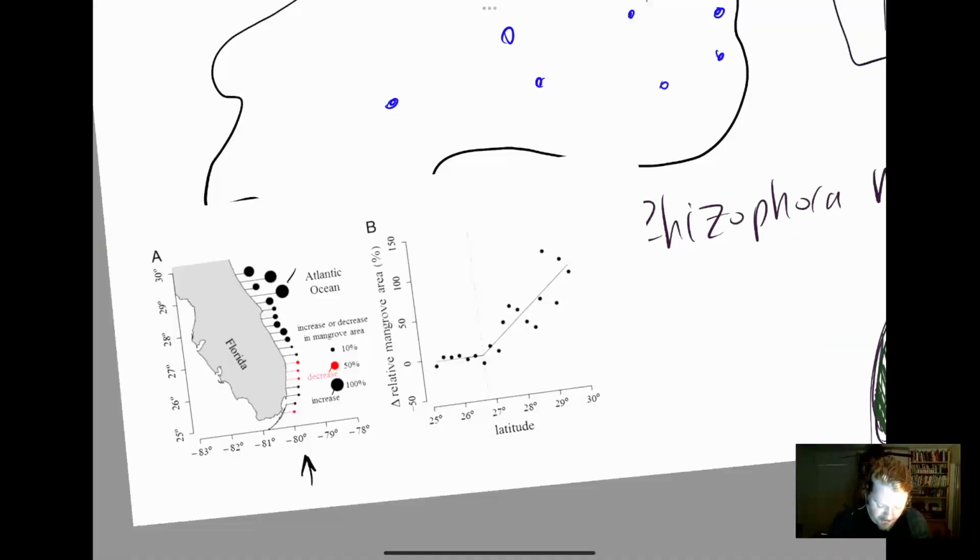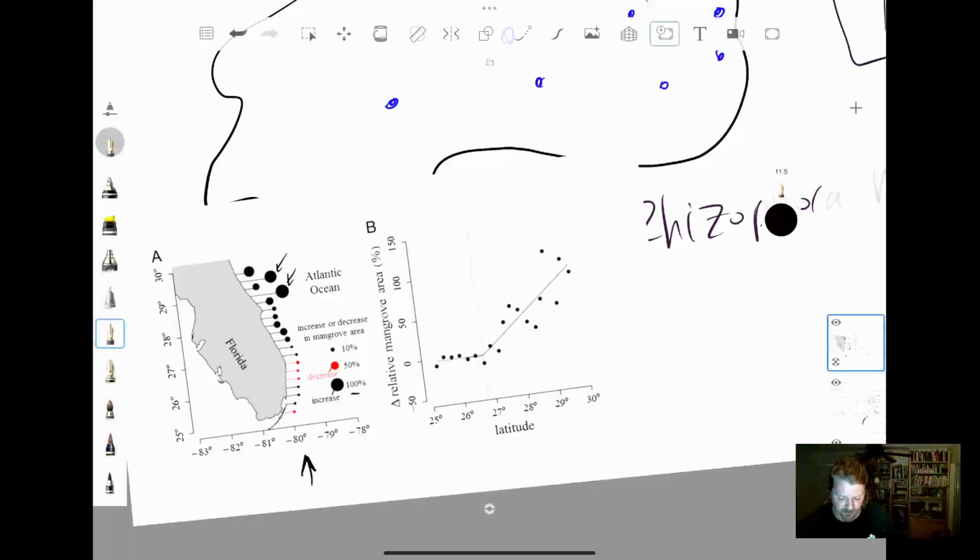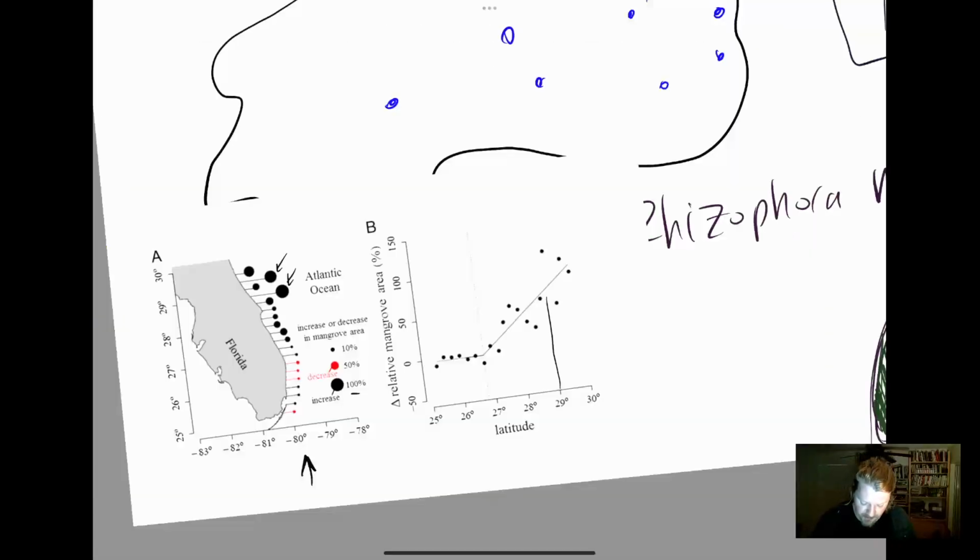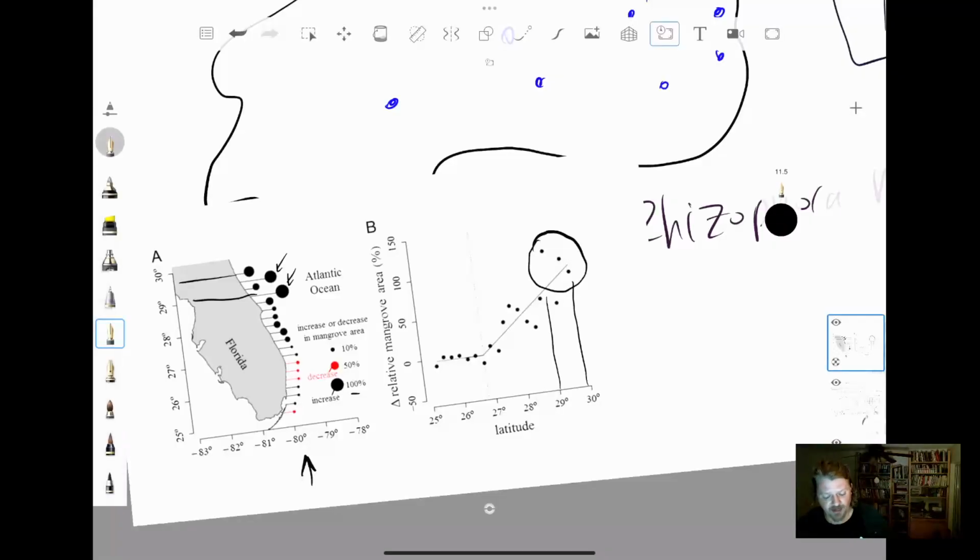And in some of these places up near St. Augustine, we've seen densities doubling, 100% larger, right? This is pretty wild, right? Up around 29, 30 latitude, we're seeing 100% change in mangrove density. There's twice as many mangroves per unit area, red mangroves, as there were in the previous sampling time.